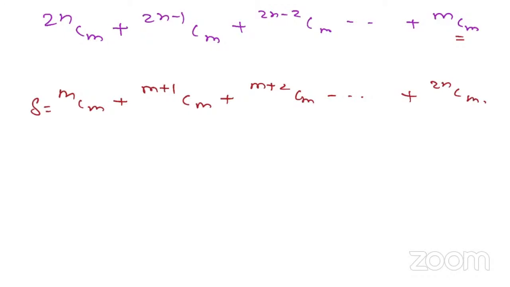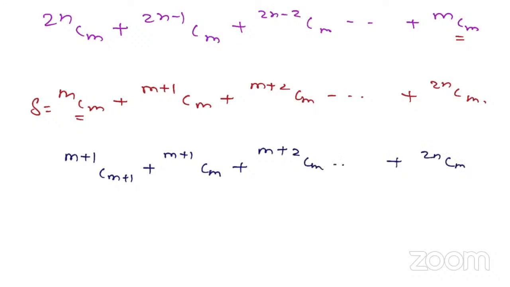First, rewrite the question in this form. This MCM, I'm writing this term as M plus 1 C M plus 1, plus M plus 1 CM, plus M plus 2 CM up to 2n CM.